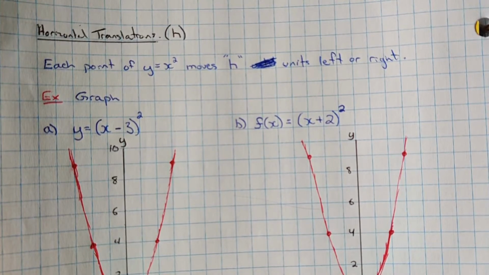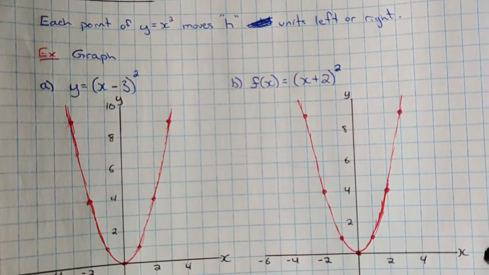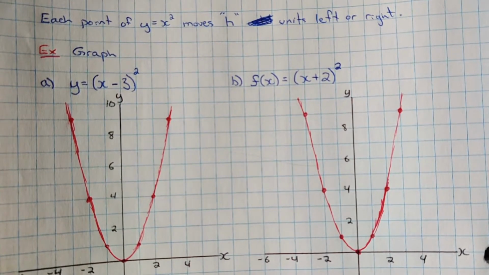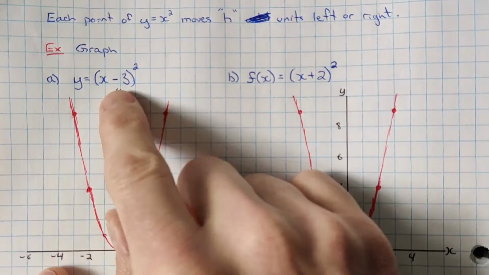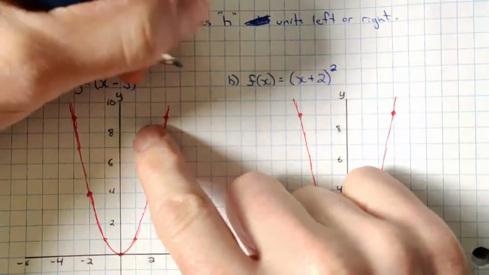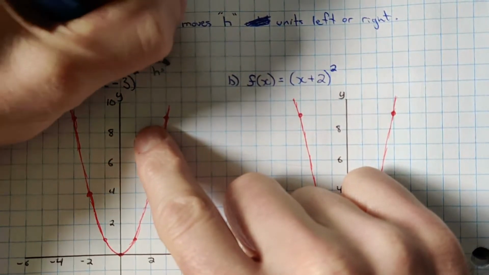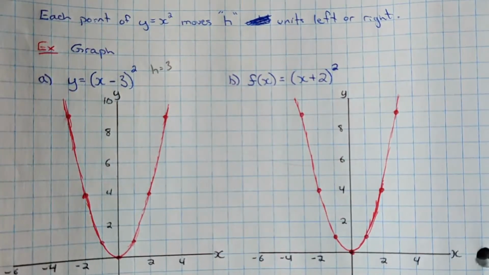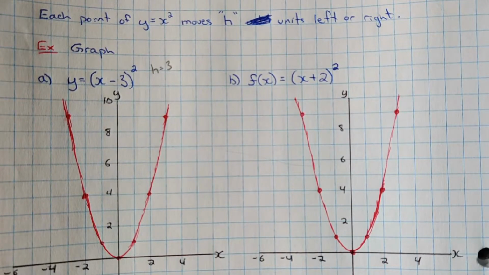If we take a look at a couple examples here, we've got a negative 3 in here, so that means that h is actually equal to 3. If we graph this, it's going to shift all the points to the right, to the positive side.